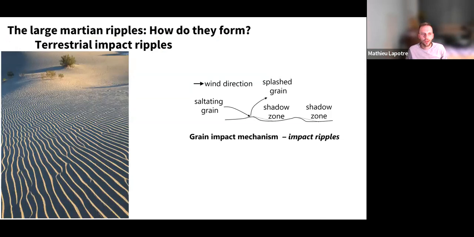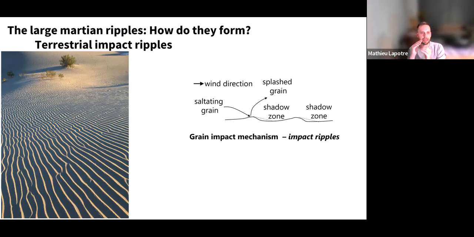Well, on Earth, the formation of aeolian ripples is thought to be intimately tied to saltation, or again, hopping of sand grains through an impact mechanism. You can imagine that if you have wind blowing from left to right here over a bumpy sand bed, and grains are hopping around, then grains that are resting along the upwind facing side of a bump will be preferentially exposed to the potential impacts from incoming saltating grains and will thus preferentially be splashed away.